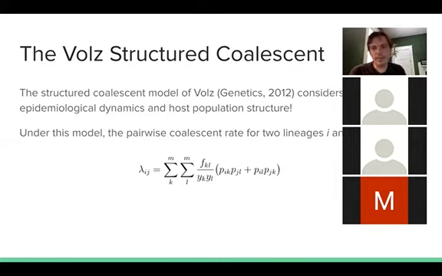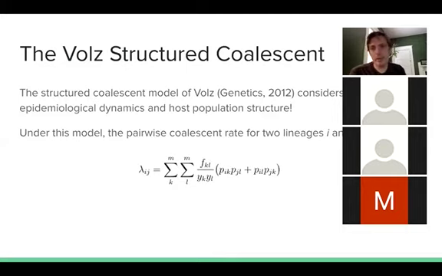Erik Volz, in this very important key paper from Genetics back in 2012, derived what a general structured coalescent model would look like for a population that is also undergoing relatively complex population dynamics, like under an SIR model, where there are changes in the rate at which individuals are being born or die over time.